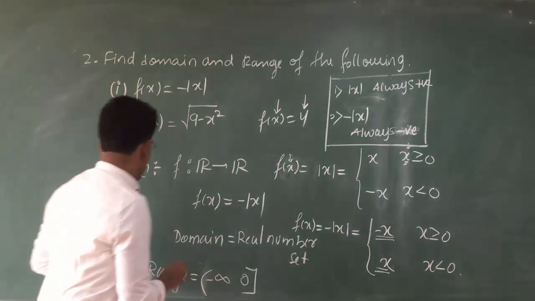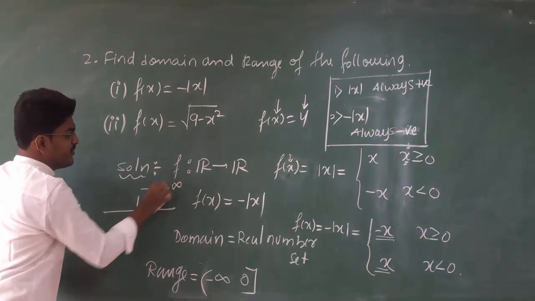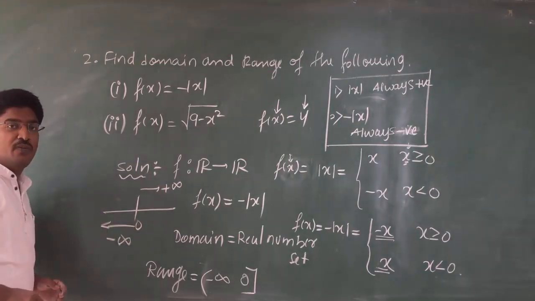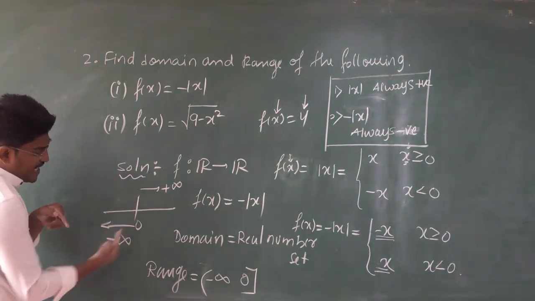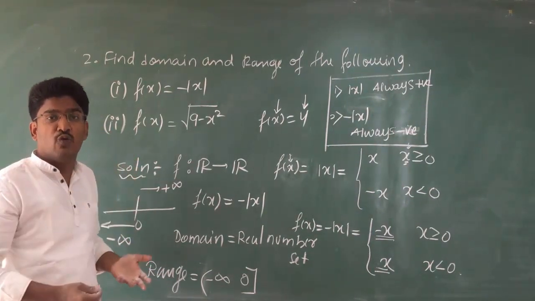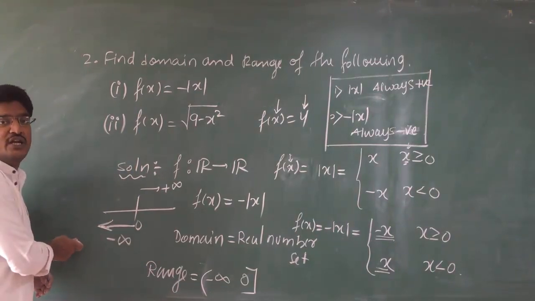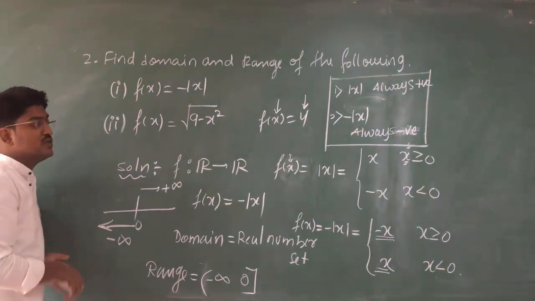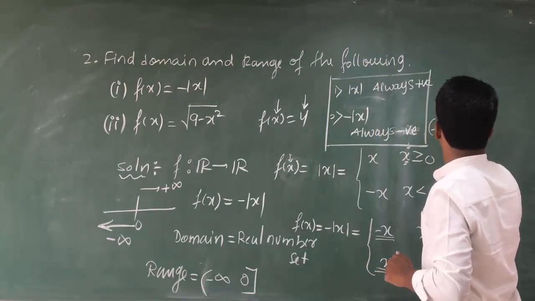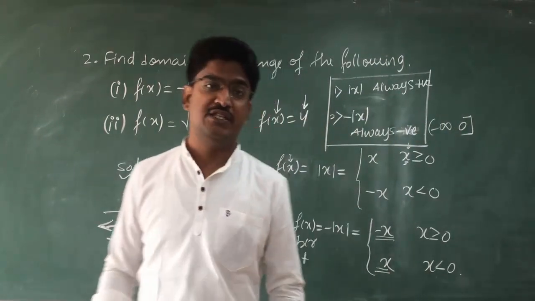See here, if this is your number line, this is towards positive infinity, this is towards negative infinity, this is 0. This moves towards negative infinity. Always negative means 0 to negative infinity. So always negative means open at minus infinity, closed at 0. That's what your range is.